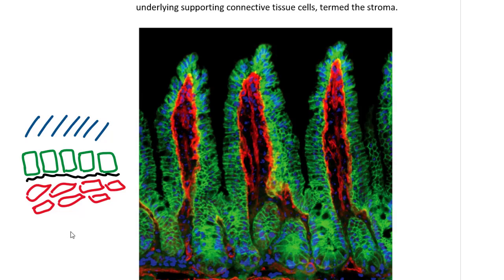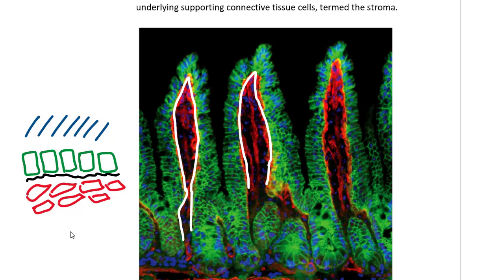And the basement membrane is stained red. You can see it very well. It's right here. See, this is the basement membrane. I'm just going to color over it with white. And this, of course, goes all the way through here and right here, and right here. Right?